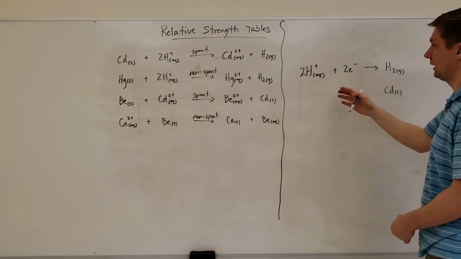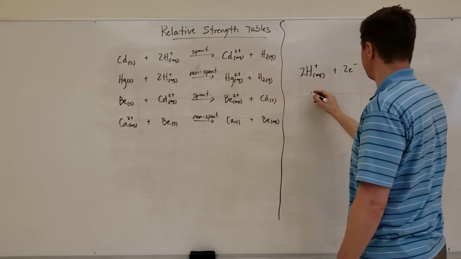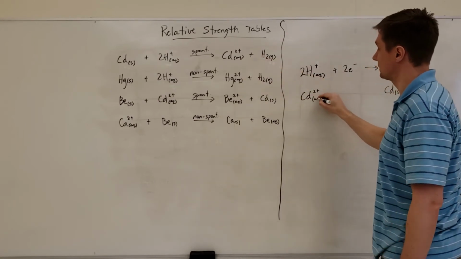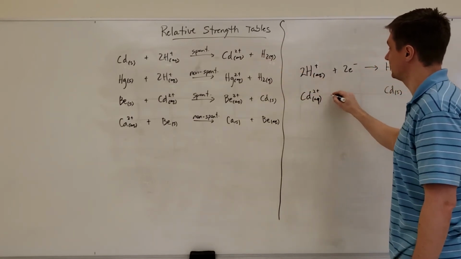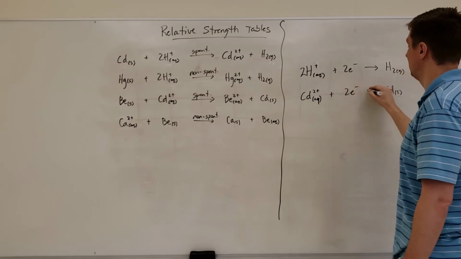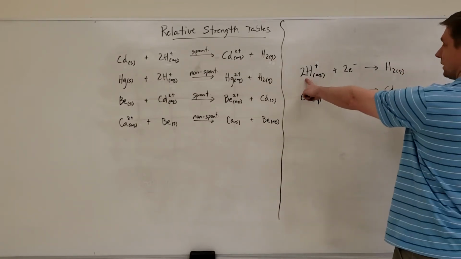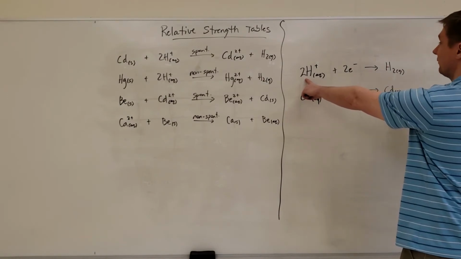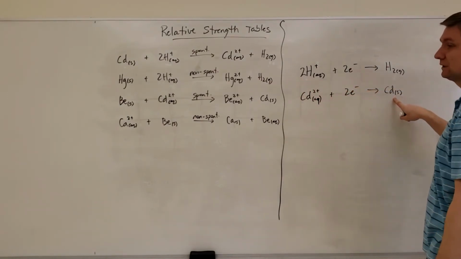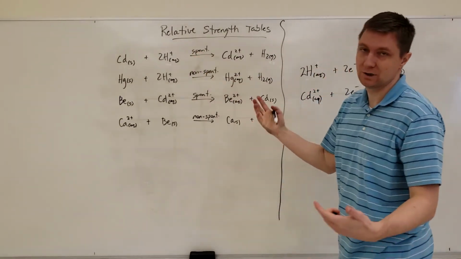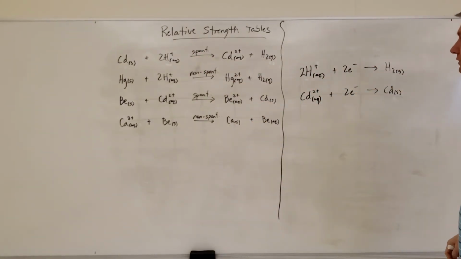And so then I can write my reduction half reaction for that. I know that Cd as an ion, as an oxidizing agent, is 2 positive, and so I'm going to gain 2 electrons to become Cd solid. So then I can double check my spontaneity rule. I've got H+ reacting with Cd solid. That's a spontaneous reaction. Left finger over right, spontaneous. That matches, so I'm good so far.